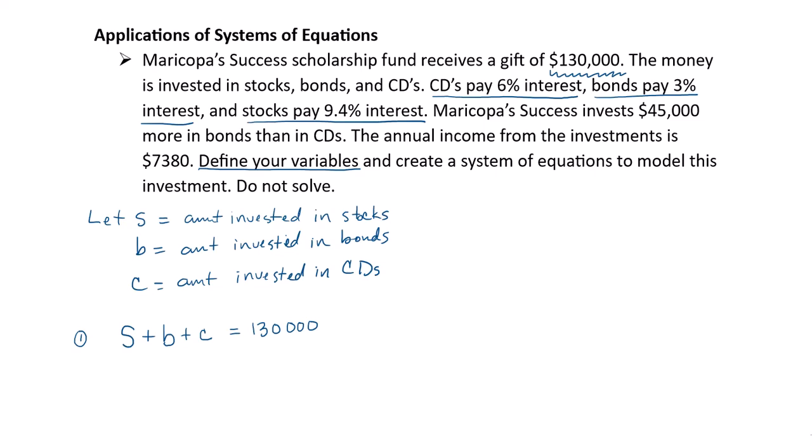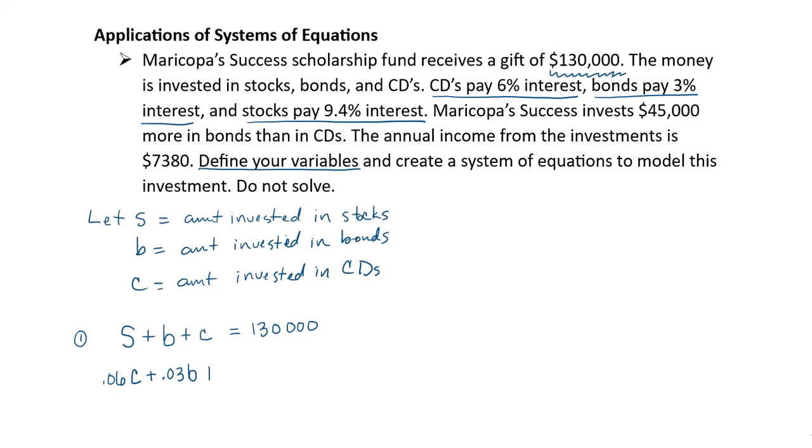So how much are we earning on the CD? We're going to earn 0.06 times however much we invested in the 6% CD account. And then we can add on the bonds. The bonds pay 3%, so here I go with the 0.03 times whatever amount you invested in those bonds.